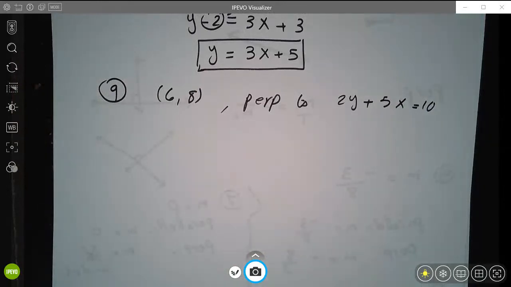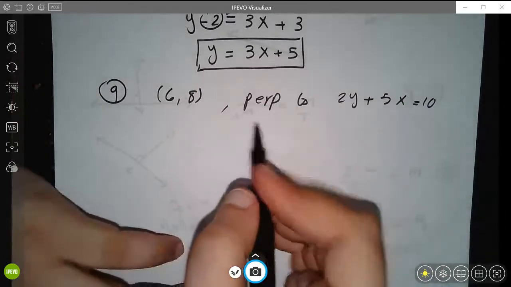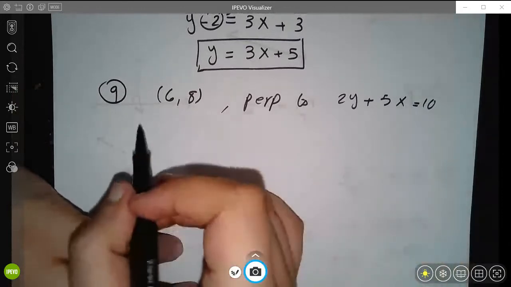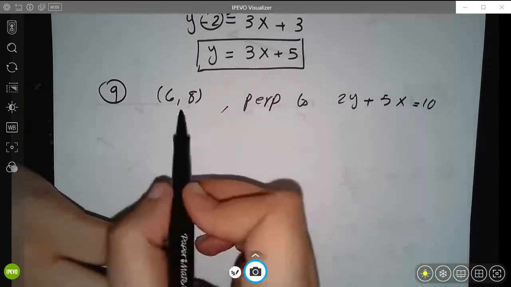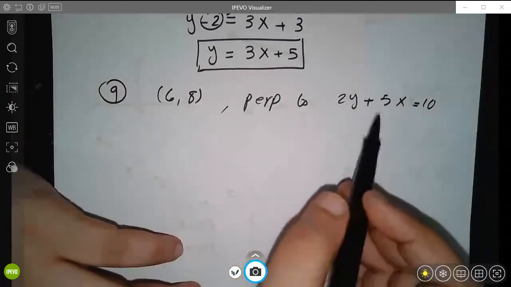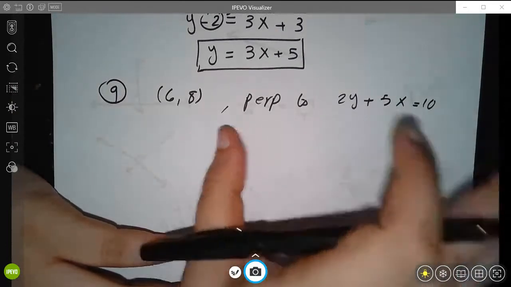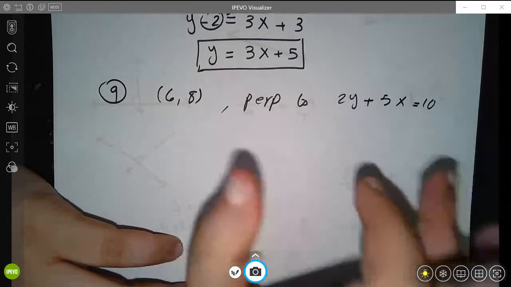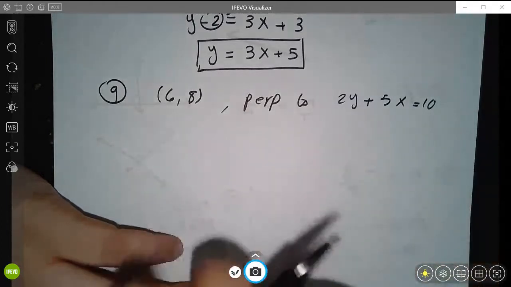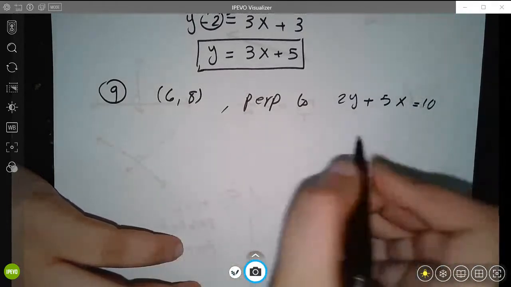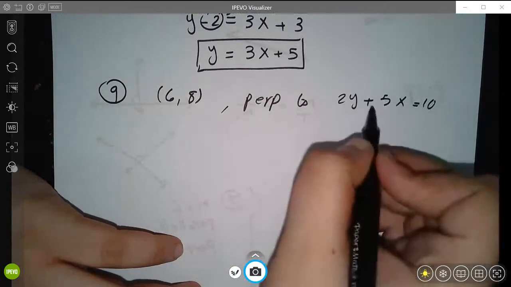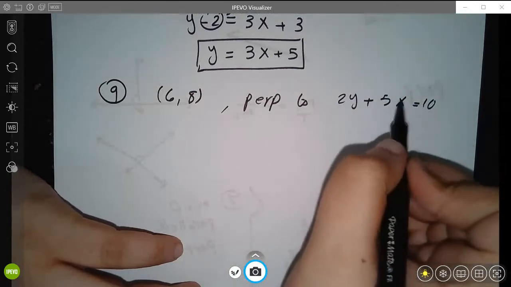All right, cool. So question says, give me the equation of a line that passes through this point and is perpendicular to that equation. Well, the purpose of this piece of information is the same as the previous example. We need to find the slope. Okay, so first thing I'm going to do is rewrite this in slope-intercept form, which should be easy.